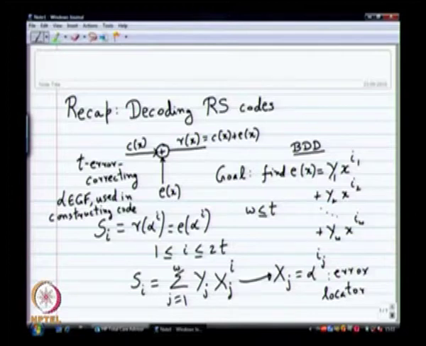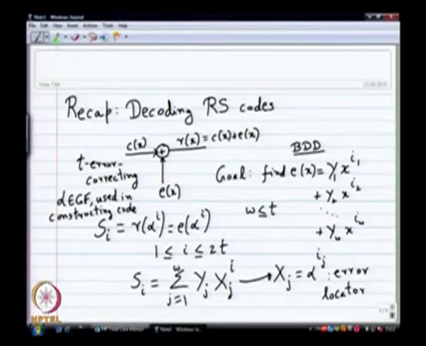Okay. So these Si can be evaluated, and you have nonlinear equations. Okay. So these are basically power sum equations, okay, sums of powers of X. Okay, you want to determine the error locator. All right. So the goal is to find obviously the error locator Xj and the error magnitude Yj. Okay, you have to find both.